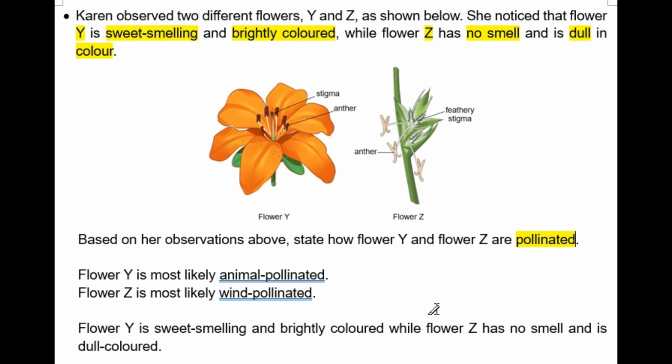Flower Y is most likely animal pollinated. Flower Z is most likely wind pollinated. Flower Y is sweet-smelling and brightly colored, while flower Z has no smell and is dull-colored.